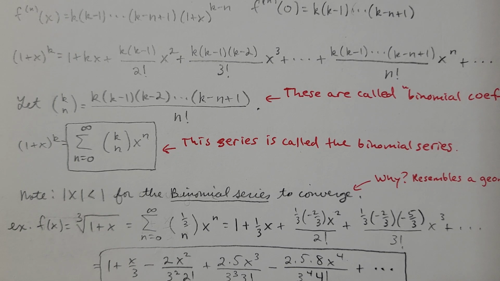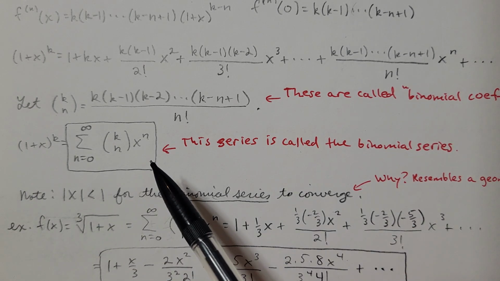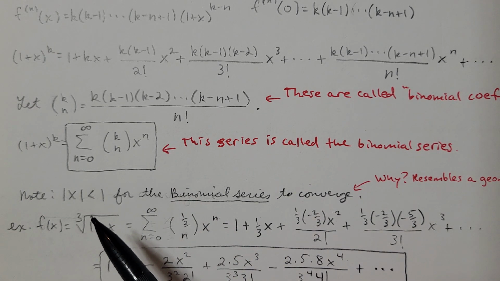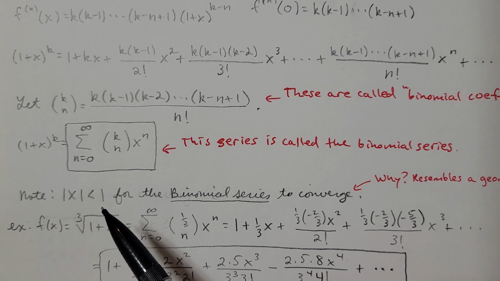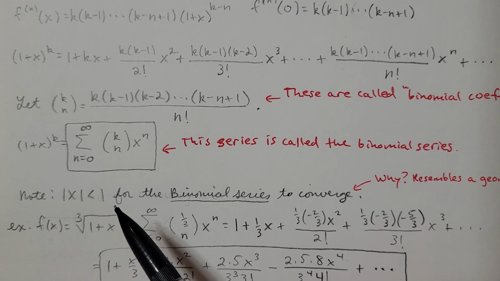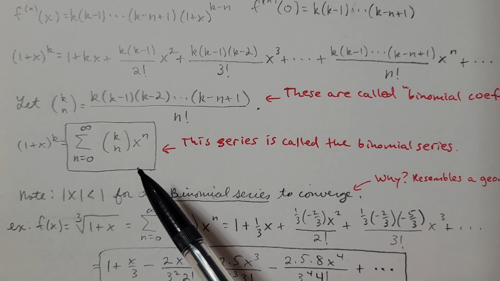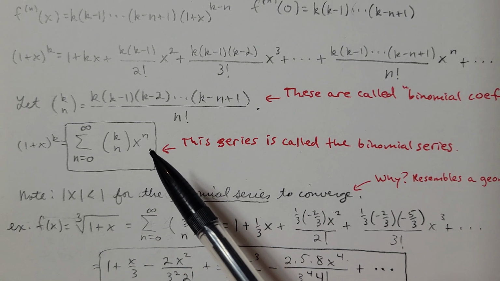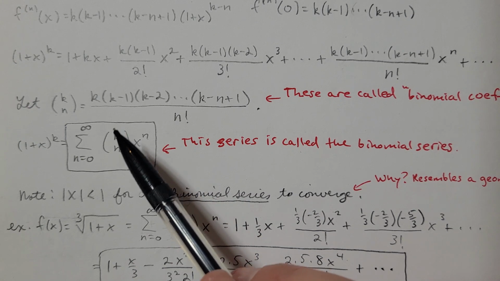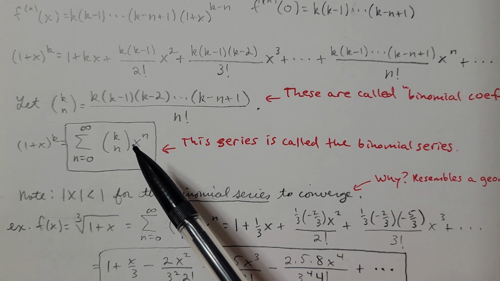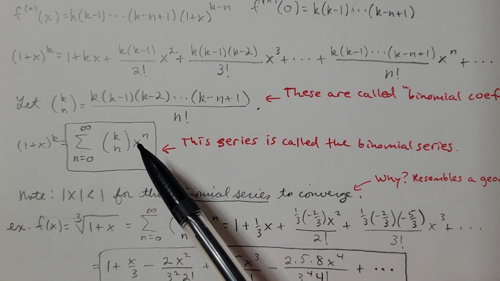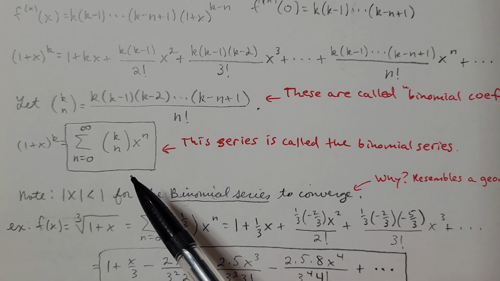And as a note, this series is going to converge if the absolute value of x is less than 1. Why is that? Or where did I get that from? Well, this resembles a geometric series, right? k choose n is some number, so I got a number a times x to the n power.